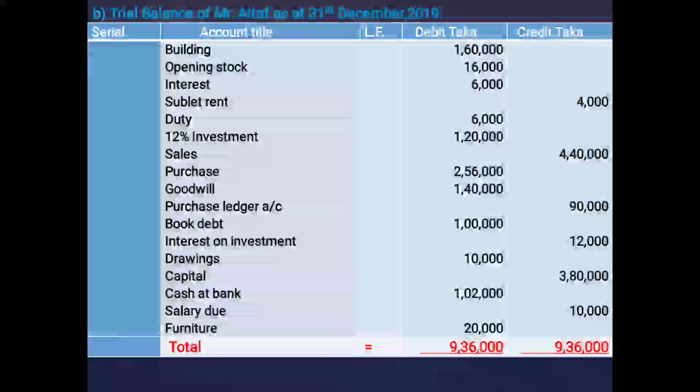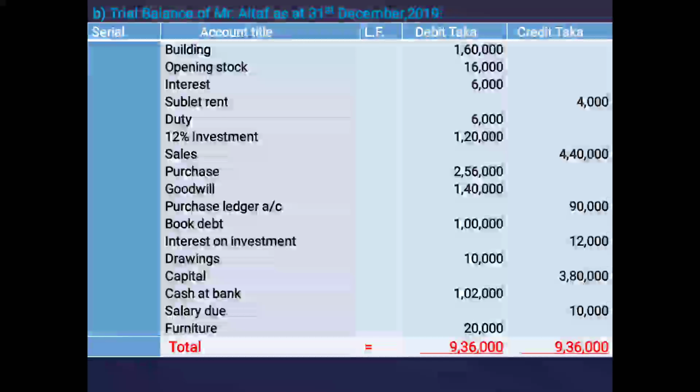Building is basically a fixed asset, that is, capital expenditure, so it is debited in the trial balance for taka 1,60,000. Opening stock is basically the previous year's closing stock, but in the current year it is treated as opening stock and indicated as revenue expenditure, that is, an expense item, so it is debited in the trial balance for taka 16,000.